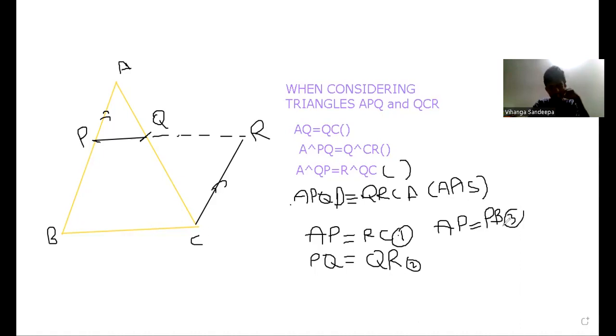By 1 and 3, we can say that PB equals RC. This side equals this side.